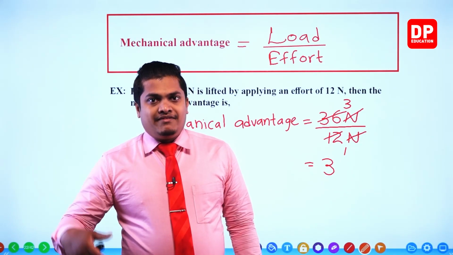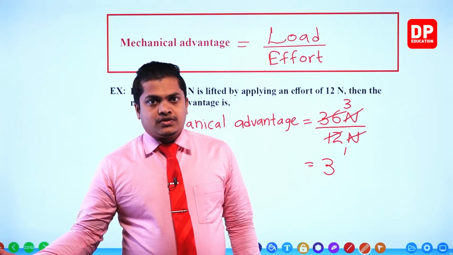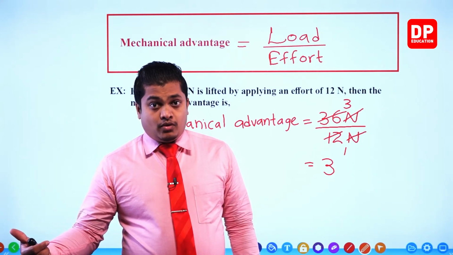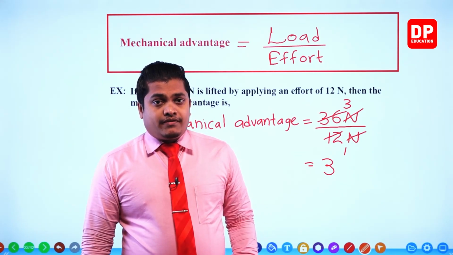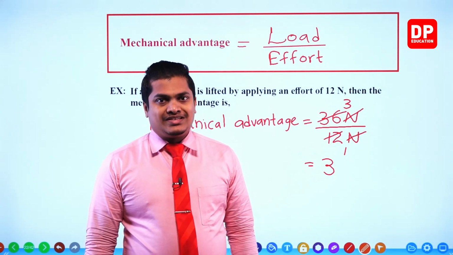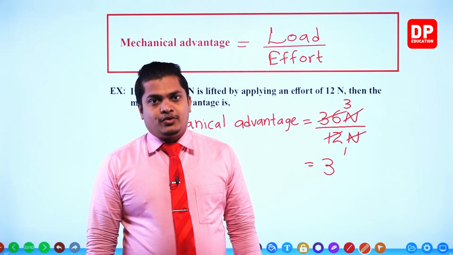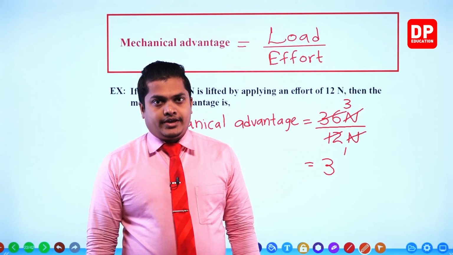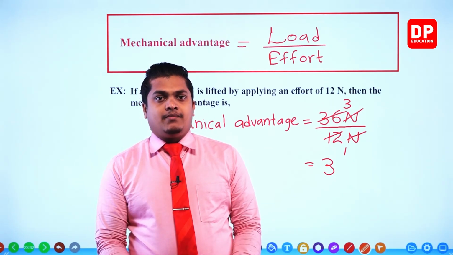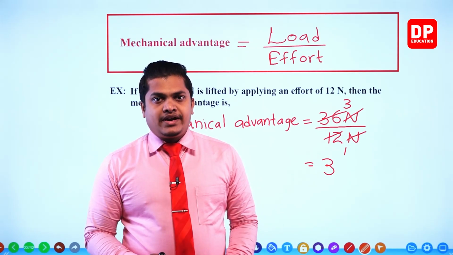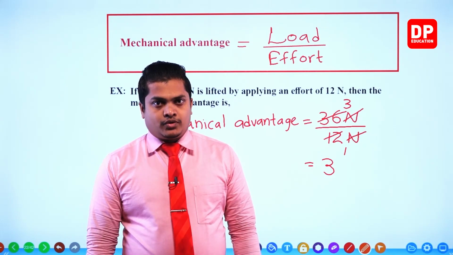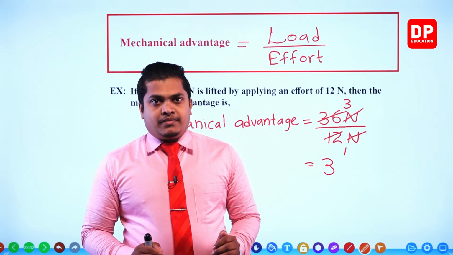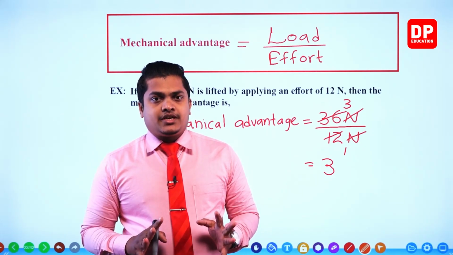In simple terms, when applying 1 Newton of force from the effort side, you can lift 3 Newton of an object from the load side. This is what we mean by the mechanical advantage. So I hope that you get the idea about the parts of a lever, my dear children, and about the mechanical advantage. From that one, I'm going to finish up this chapter.